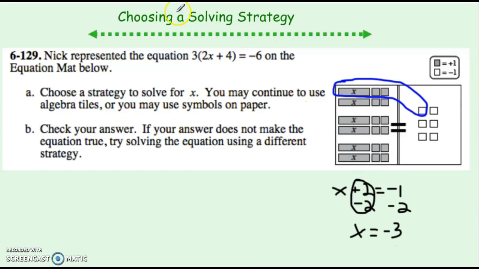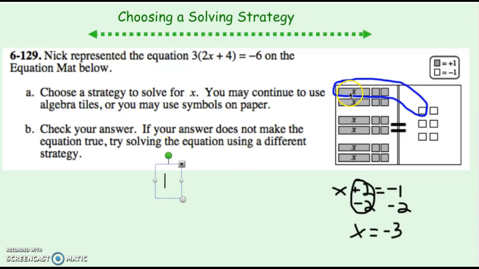Okay. The other thing I could have done, and I'm going to type this one, I think, is I can set it up as just symbols. So I could take this whole side in symbols and set it equal to the right side here.